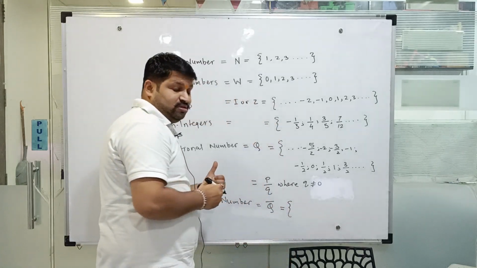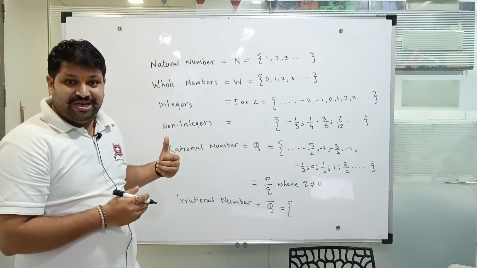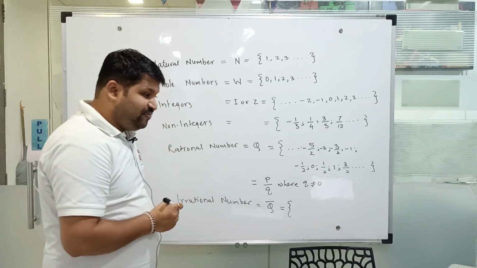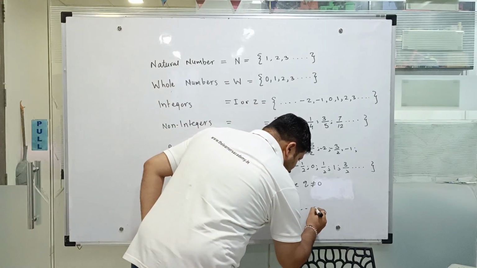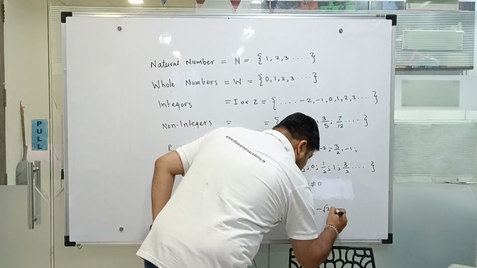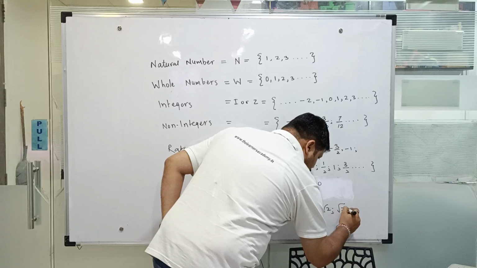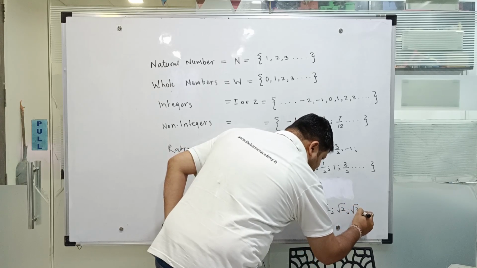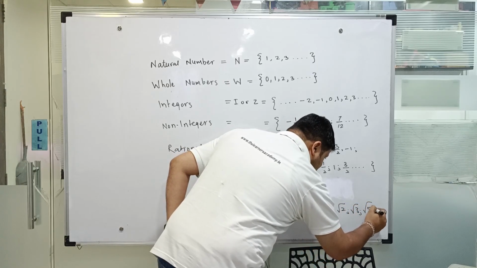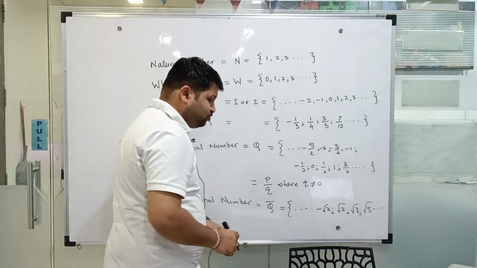Now they can also start from minus infinity, and we can have anything, say for instance minus root 2 or root 2 or root 3 or root 5, so on and so forth.